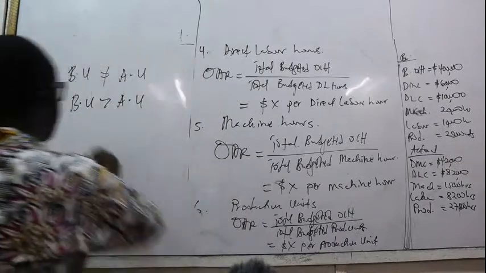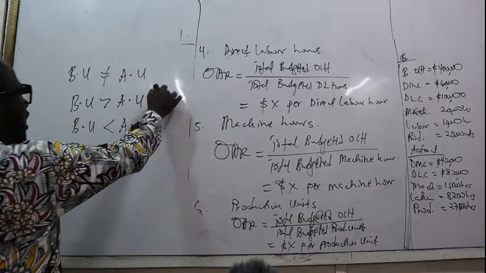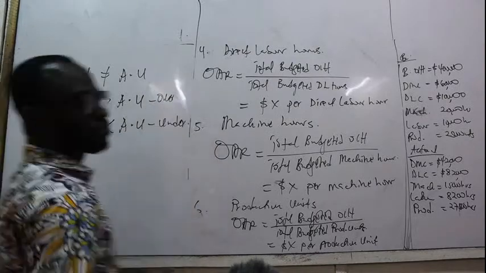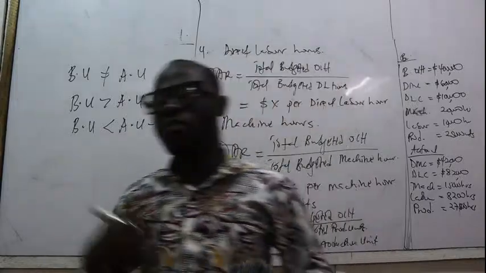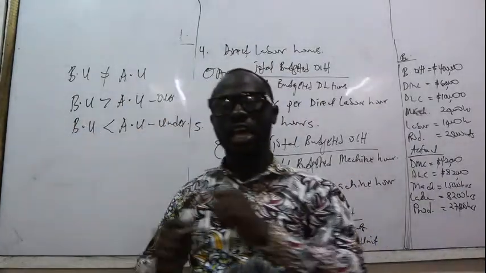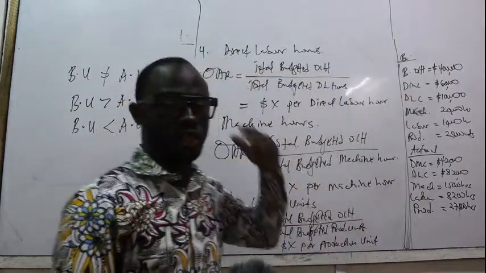But where your budgeted unit is less than the actual unit, we say that overhead is under absorbed. You can compare the budgeted unit against the actual unit or the budgeted hours against the actual hours.